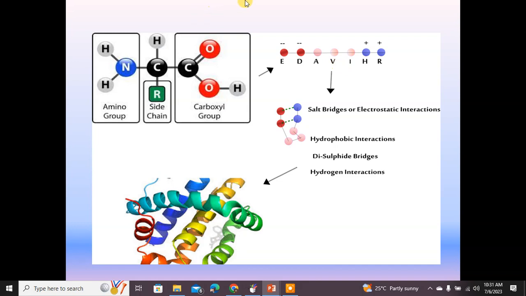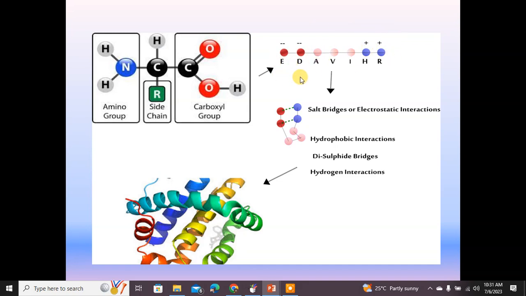So this is the typical primary sequence of a protein, and this is an individual amino acid. They are connected by peptide bonds, and there comes a condensation reaction which removes water and generates a peptide bond between different amino acids. Okay, so at the end you will have this kind of structure.